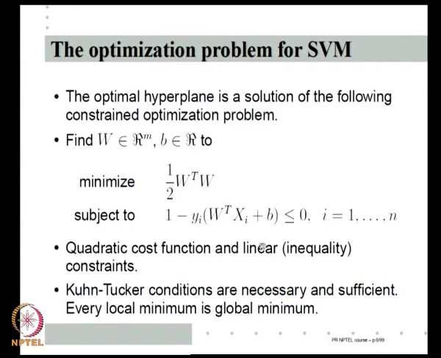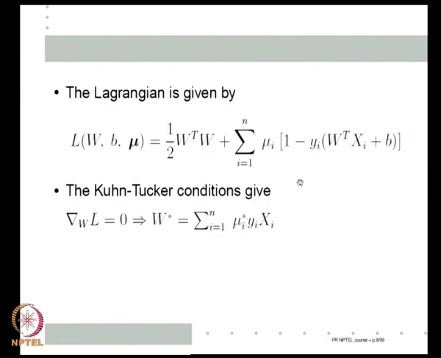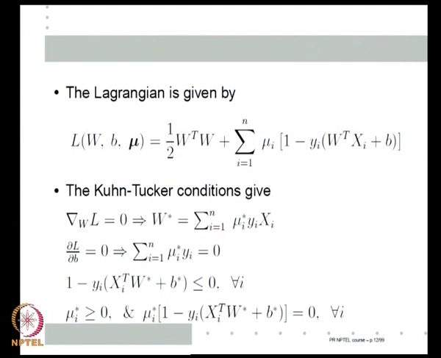In my Lagrangian, each constraint will have its own Lagrange multiplier. So, each Lagrange multiplier is tied to a particular example. I can talk of a Lagrange multiplier for that example, because each Lagrange multiplier is for a constraint and each constraint is for an example.